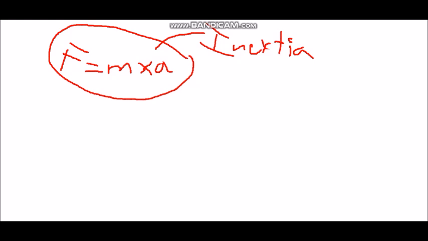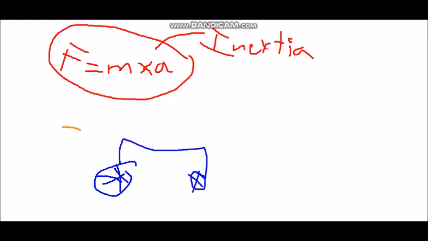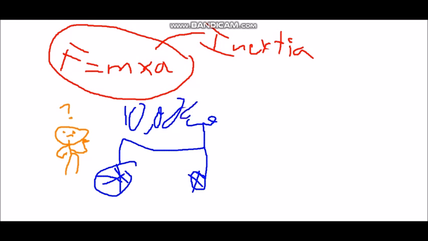Now, let's put this into perspective. Let's say I have a bike, right? And we got Mr. Man back at it again. And he's wondering, you know, hmm, this bike is, let's say, 10,000 kilograms.